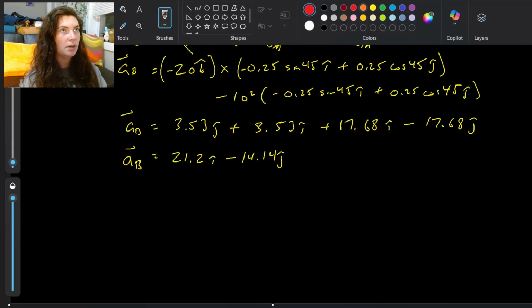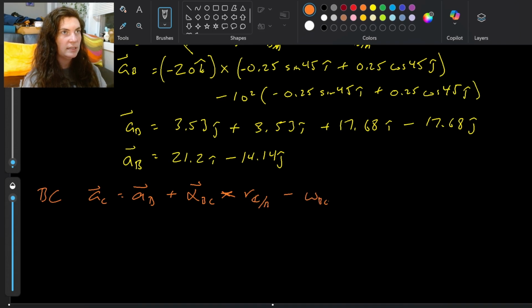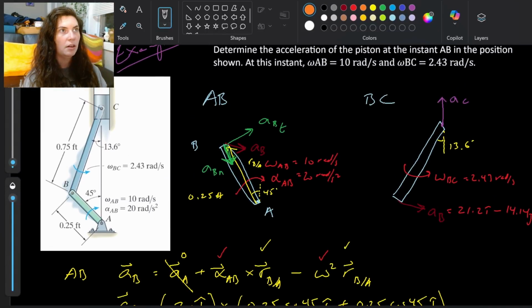So for BC, I'm going to have acceleration of C equals acceleration of B plus alpha BC cross product with r of C with respect to B, minus omega BC squared times r of C with respect to B. All right, so let's pull out what I need here.